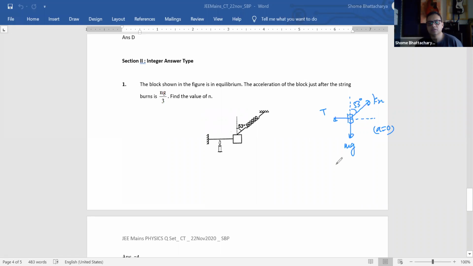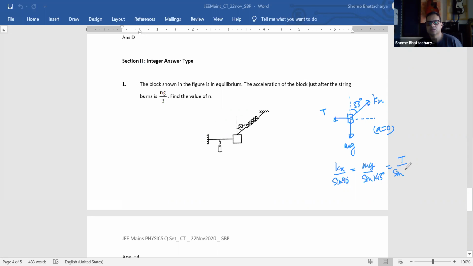So you can see that Kx by sine 90 is equal to mg by sine 180 minus 37, is equal to T upon sine 180 minus 53.